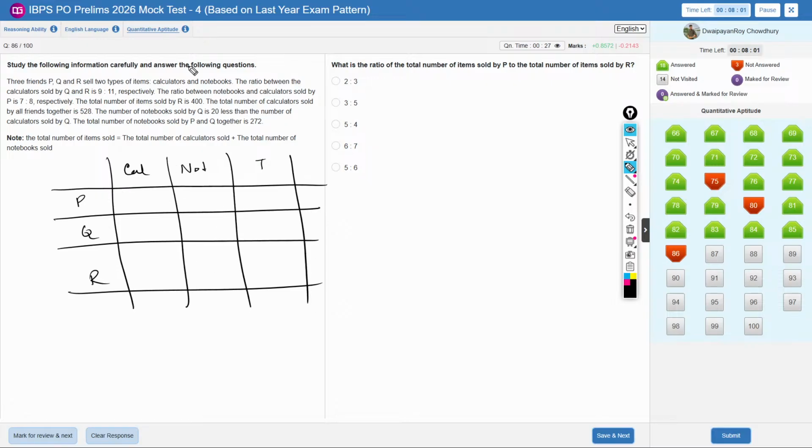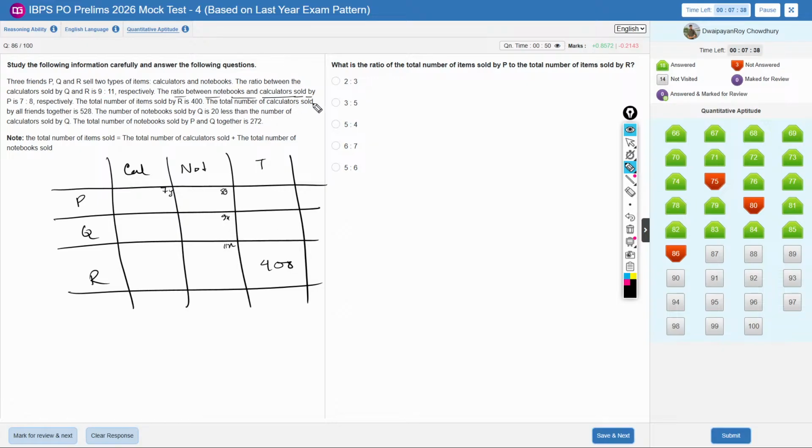Still friends, okay, ratio of the calculator sold by Q and R. So 9x, 11x. The ratio between the notebook and calculator sold by P, calculator and notebook. So 7 to 8. The total number of items sold by R is 400.